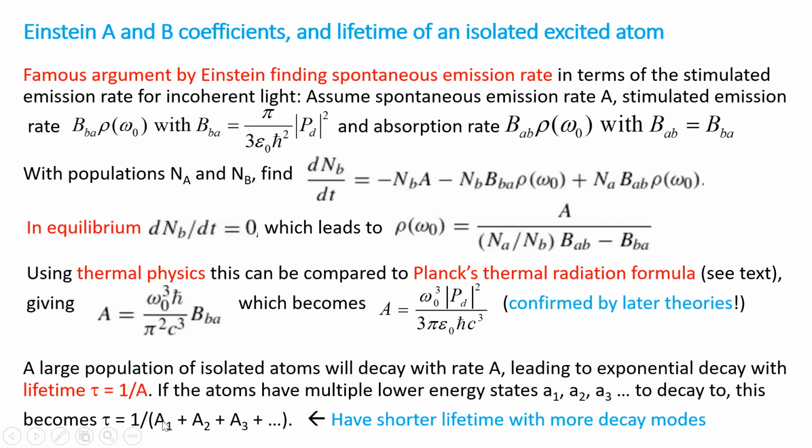With more rates added up in the denominator, the denominator is bigger and the reciprocal smaller, so the lifetime is shorter. The more decay modes there are, the more lower energy states the atom could spontaneously emit a photon and decay down to.